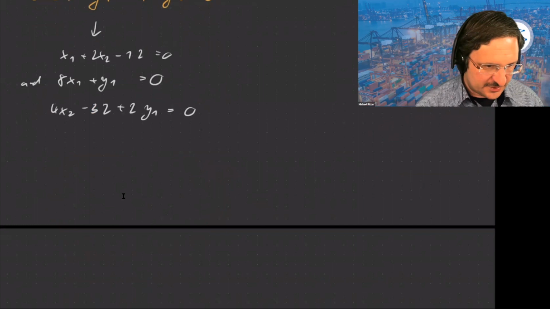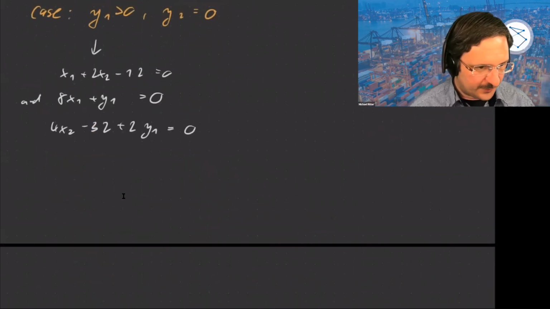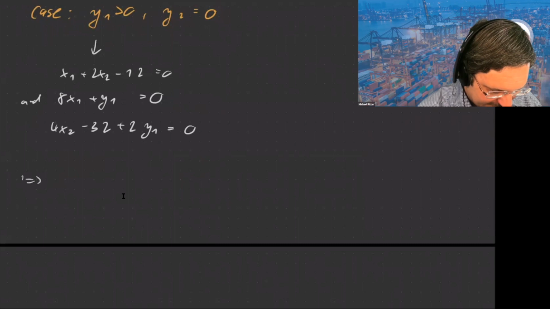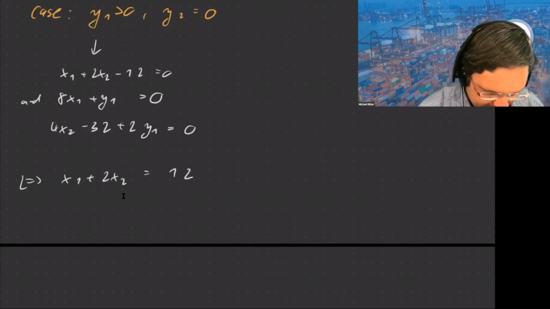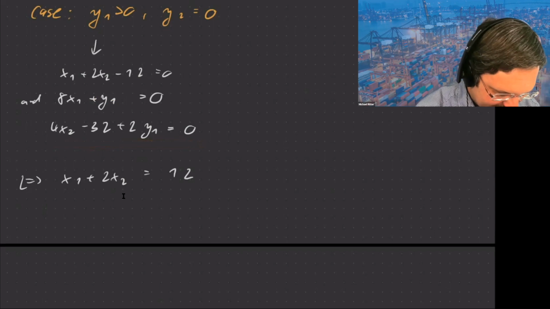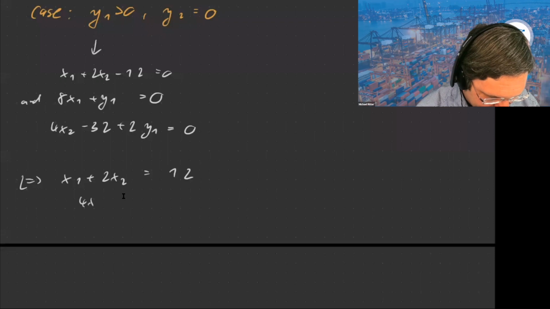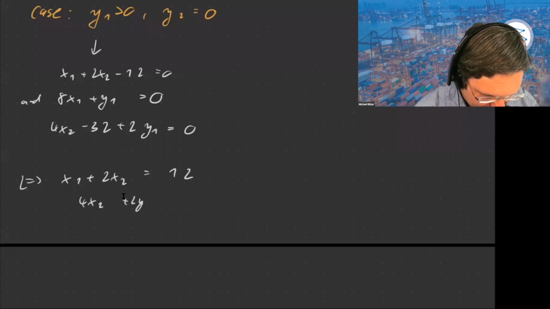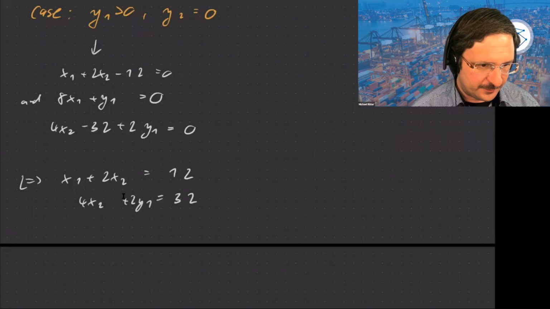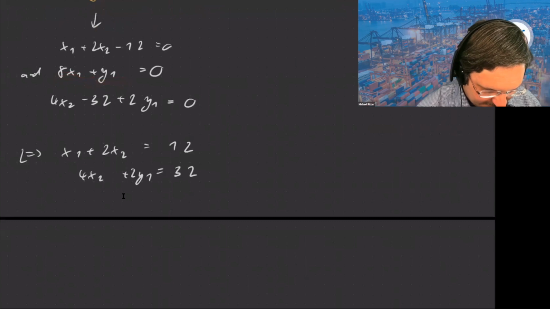Let's collect those equations first and bring them into the proper form. So here we have x1 plus 2x2 equals 12. Then I'm going to take this one here next. That is 4x2 plus 2y1 equals 32. And finally, we have this middle equation here.